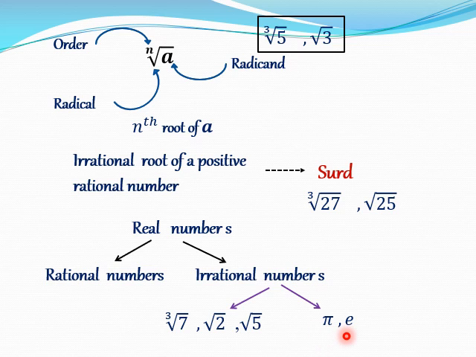Pi and e are named as Euler's number. So this category of irrational numbers, cube root of 7, square root of 2 and square root of 5, these are surds. There is a common misunderstanding that all the irrational numbers are surds, but that is incorrect. Remember, only an irrational root of a positive rational number is the surd.